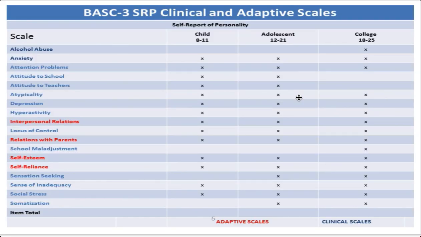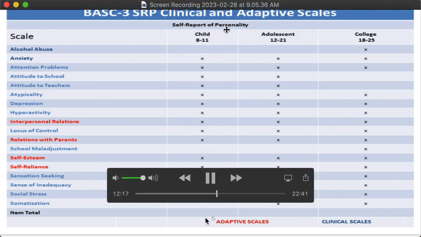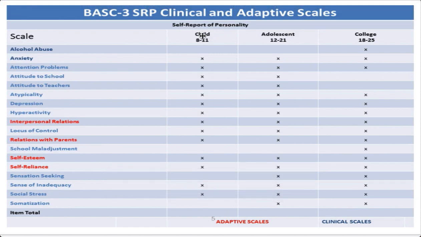Now, for the self-report of personality, this is a clinical and adaptive scale of what to expect. Notice that for the children filling this out, the age group ranges are 8 to 11 for the child, adolescent 12 to 21, and for the college 18 through 25.